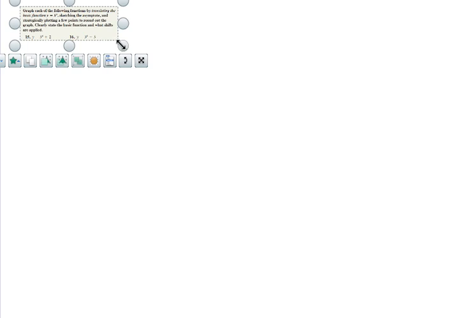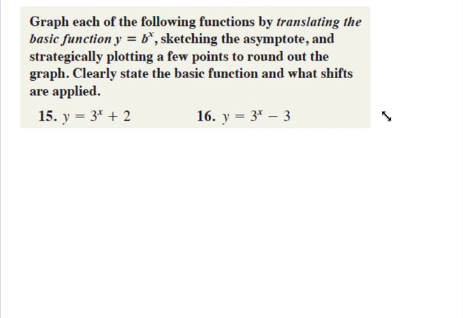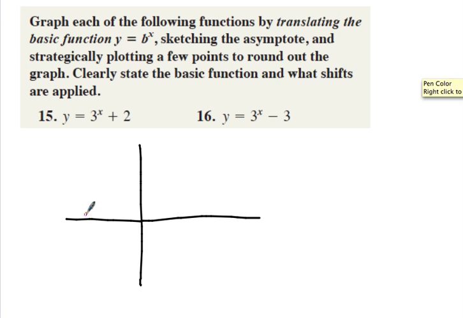All right, so the next one we're going to take a look at. We're going to graph all these using our shifts. So hopefully from what we just did, we know that y equals 3 to the x looks something like this. So what do we think y equals 3 to the x plus 2 looks like? Up. So it's on the outside here.